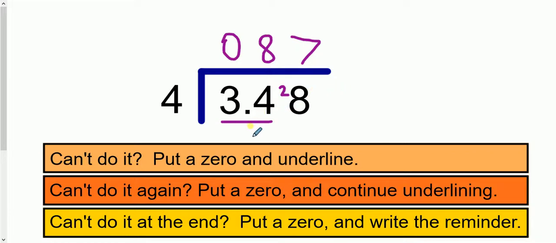Now our answer is not 87, because we now need to put our decimal back in. And just like column addition, we have to line up that decimal. So it's going to go in here. So our answer is going to be 0.87. Be careful, because yes, we line up the decimal with division and short division, but we don't line up the decimal when we're doing the written method for short multiplication or long multiplication.